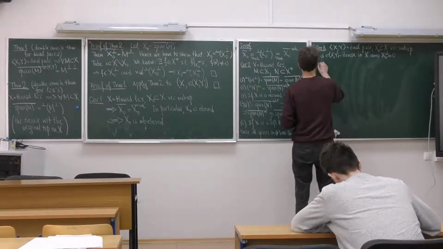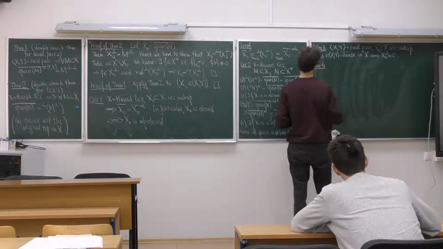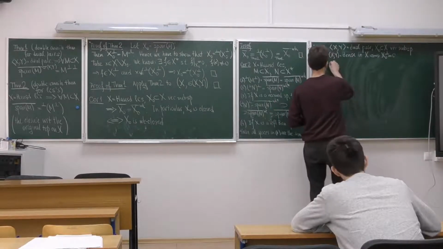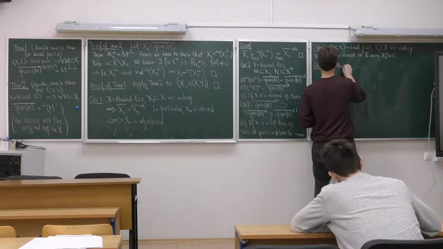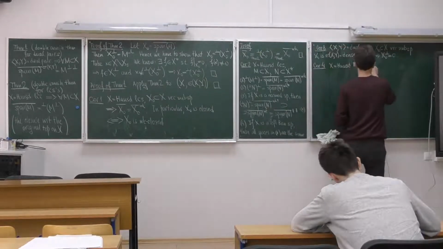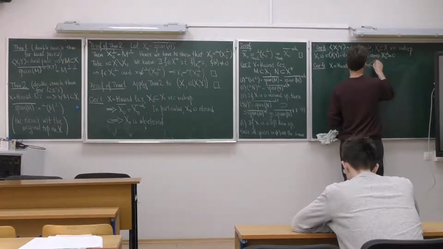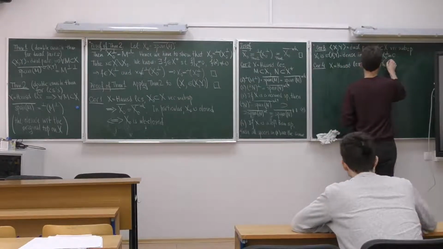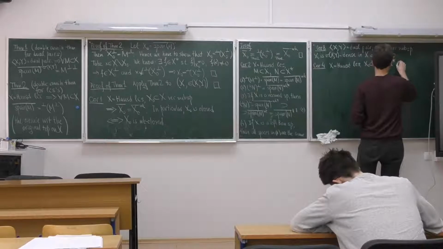Corollary 4 is actually a special case of corollary 3. So now we start with a Hausdorff locally convex space X, and we take a vector subspace x0 in X and a vector subspace y0 in the dual.